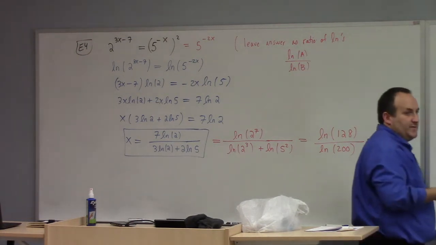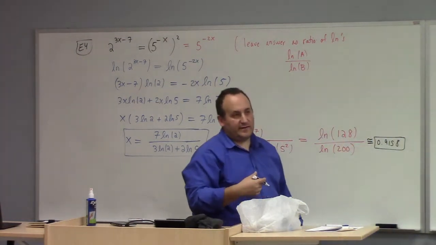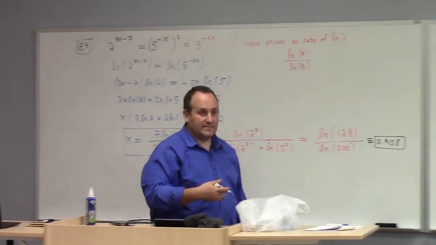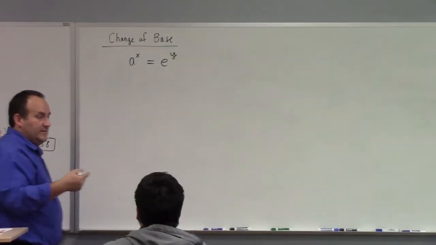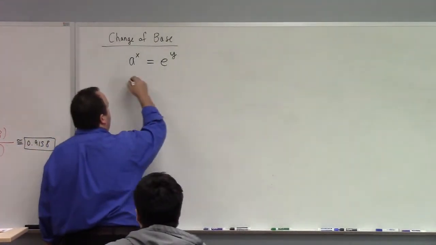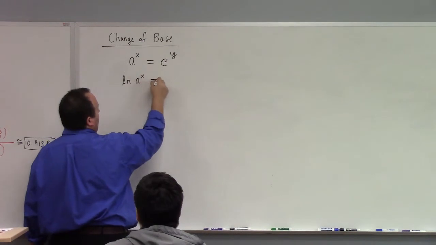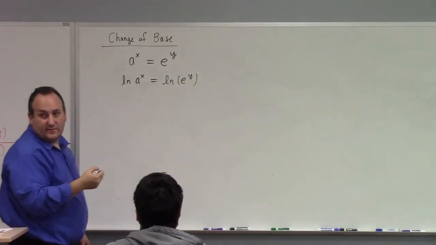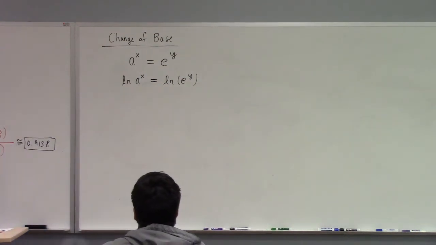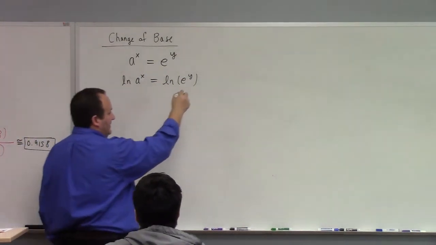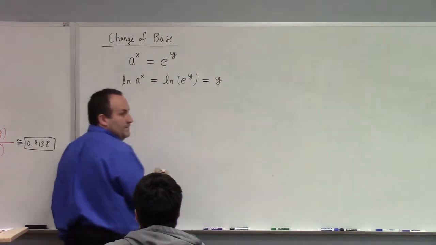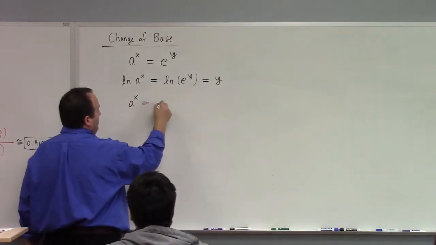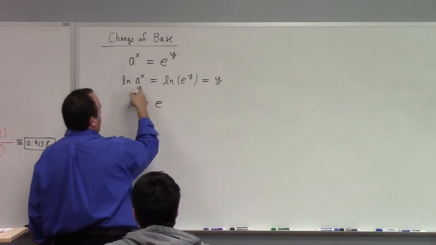What should I put y equal to in order to rewrite a to the x as e to the y? Well, take the natural log of both sides. What's the natural log of e to the y? Natural log and exponential are inverse functions, right? So that just gives me back y again. And so, there it is. a to the x equals e to the natural log of a to the x.